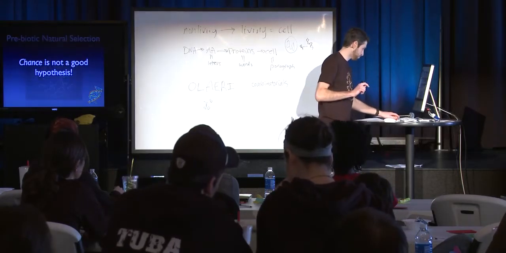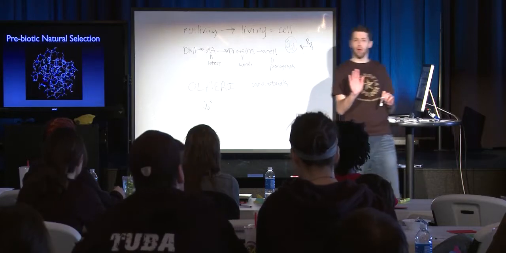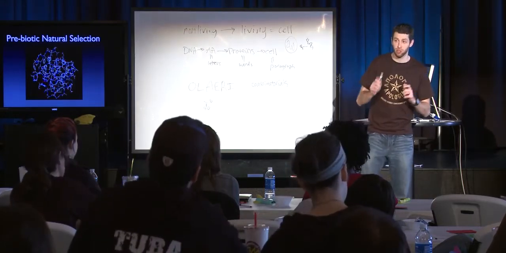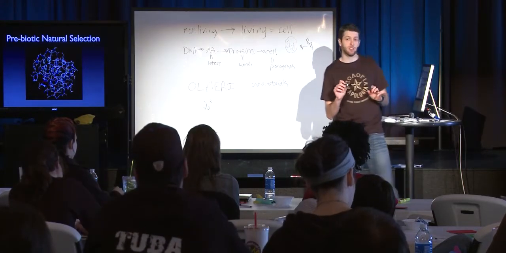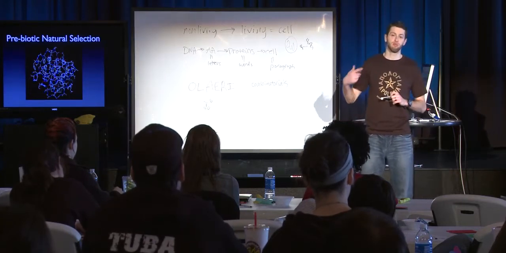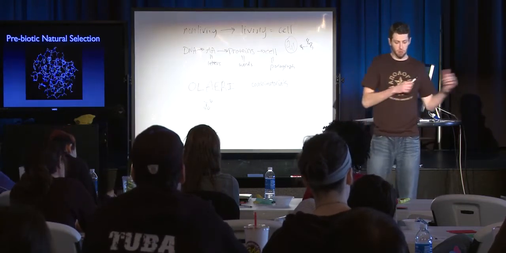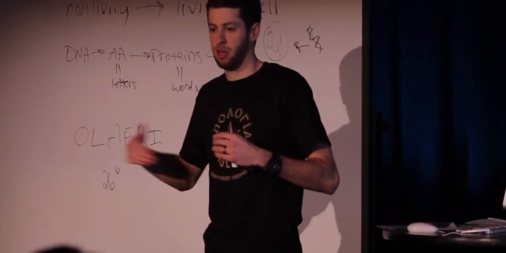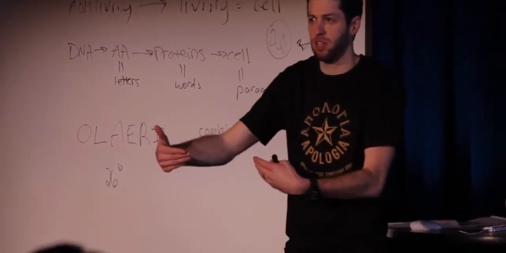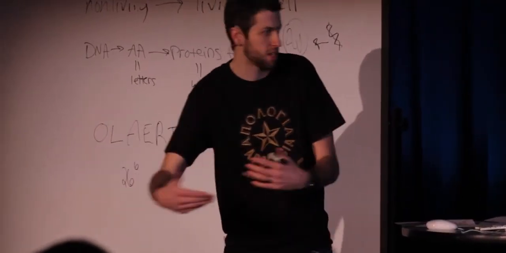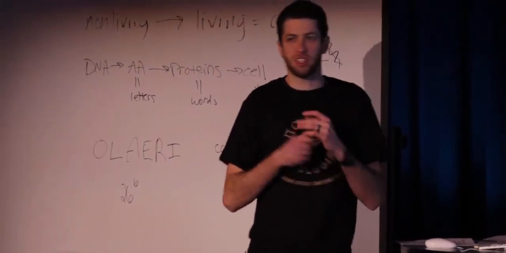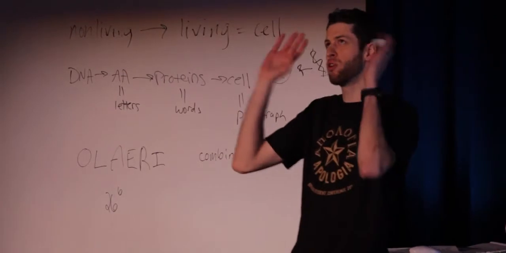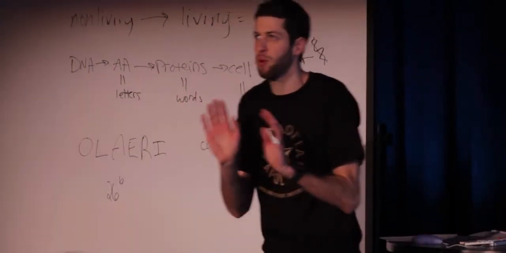Here's the problem. Well, before I tell you the problem, natural selection depends upon the fact that things can self-replicate. This chameleon I was talking about could replicate, right? It could have a baby and then another baby, and it could continue that process. So scientists know this about natural selection. They go, okay, we get it.